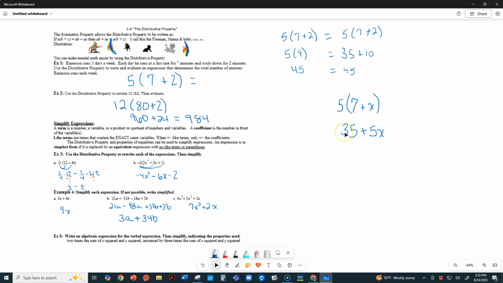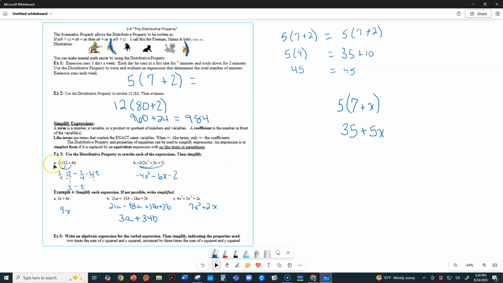So 35 minutes plus 5 times however many minutes he spent cooling down would be an expression that represents this if the number of cool down minutes was unknown. So that's another reason why we have the distributive property, so that we can still do some simplifying, even if we can't combine what's inside the parentheses.